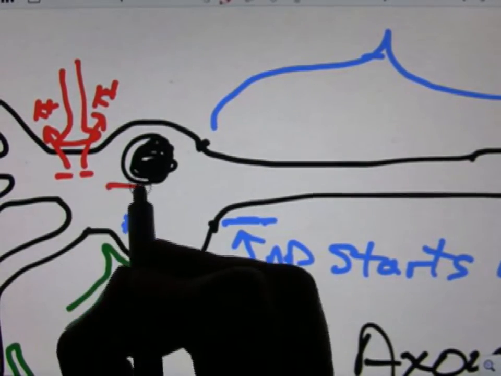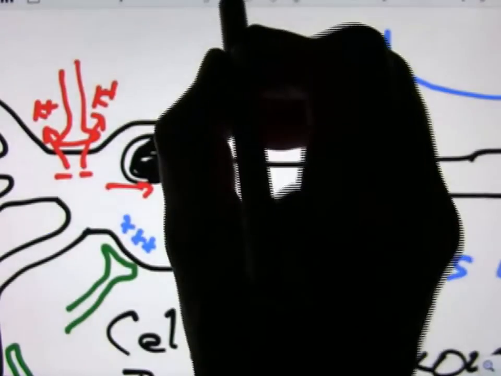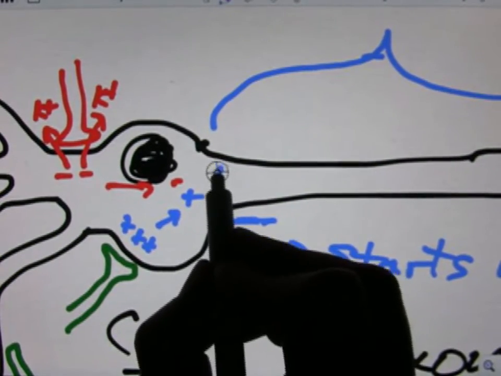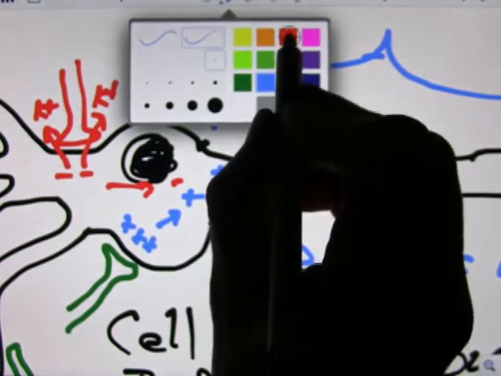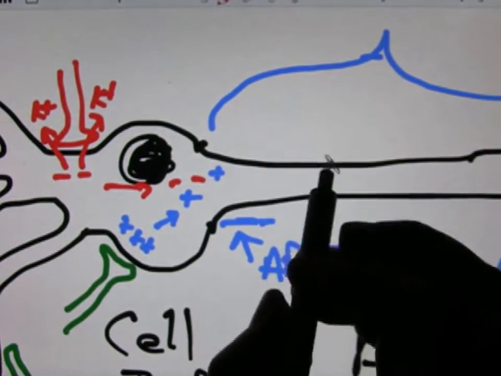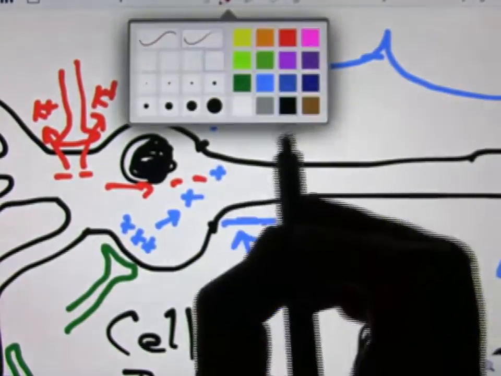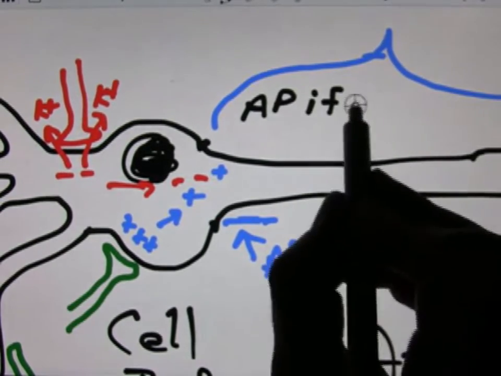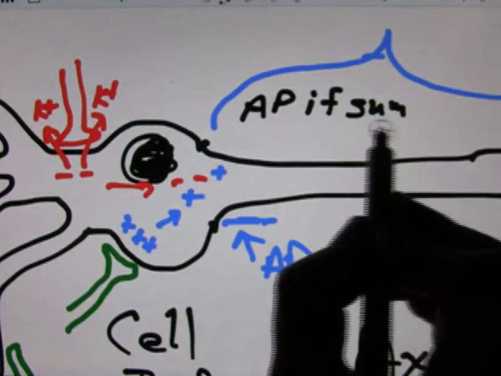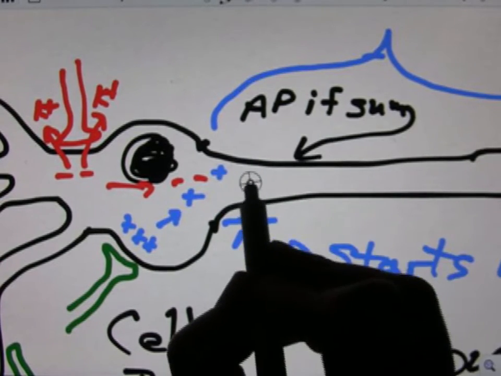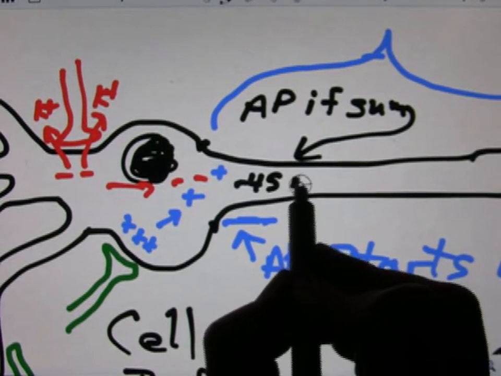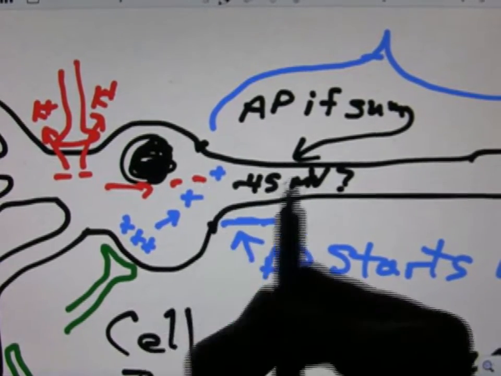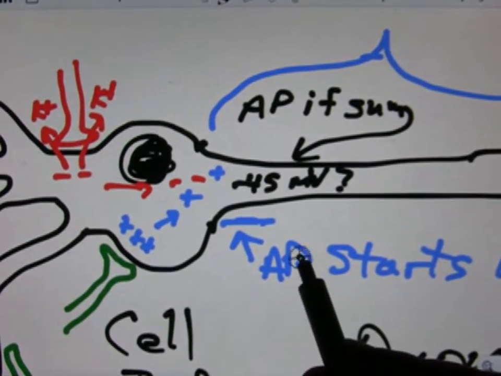All of that charge disperses, and you get an action potential if the sum of all of it, summation, gets you to minus 45 millivolts. If all of those charges put together get to minus 45 millivolts, we get a new action potential.